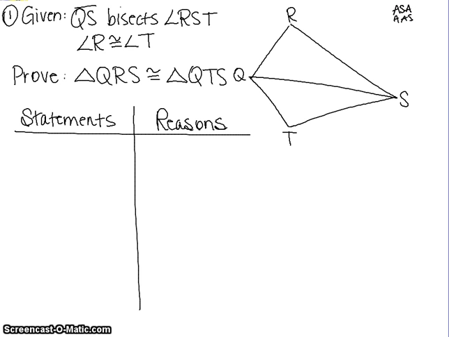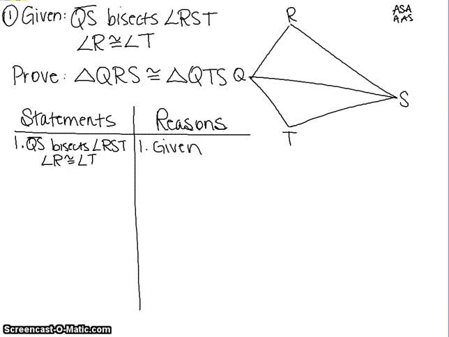So those are the two patterns we're going to try and create today. All right, so we're going to kind of shy away from the ones that we looked at on Friday. All right, so as any good proof would, let's start with our given. So QS bisects angle RST and angle R is congruent to angle T. And that is our given.